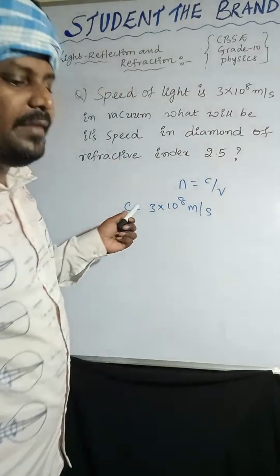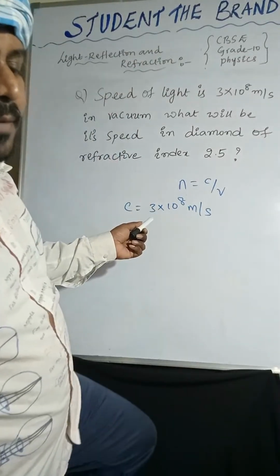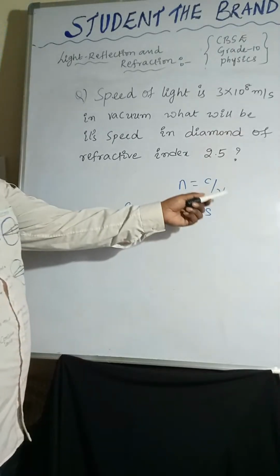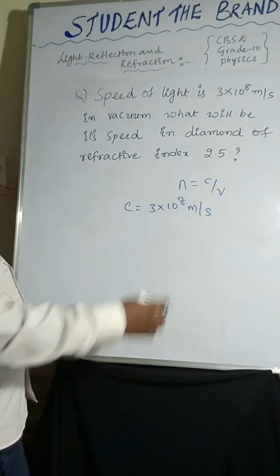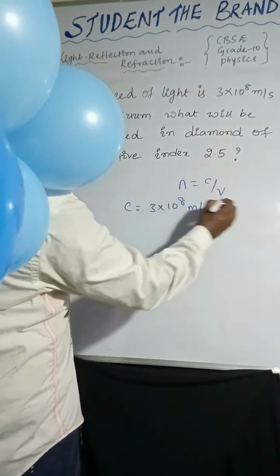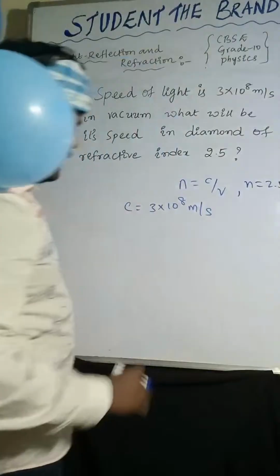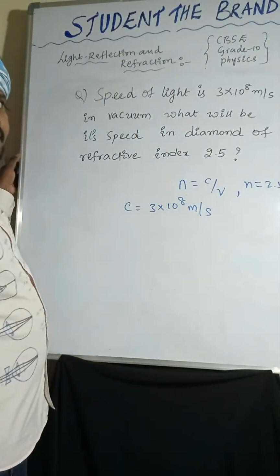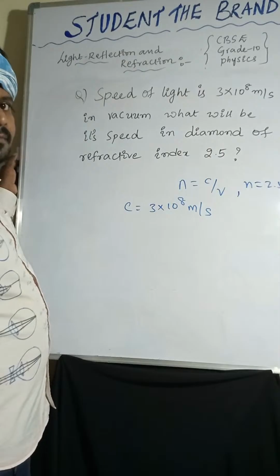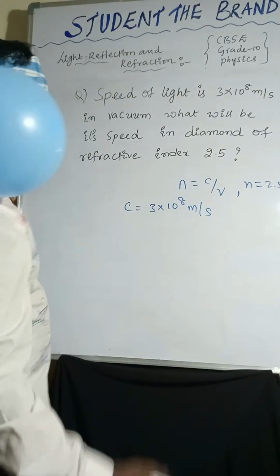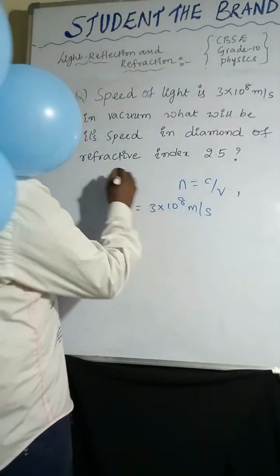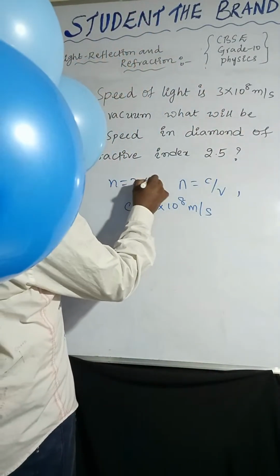And n equal to c by v, this is the formula. Now substitute. The refractive index n is already given, n equal to 2.5.